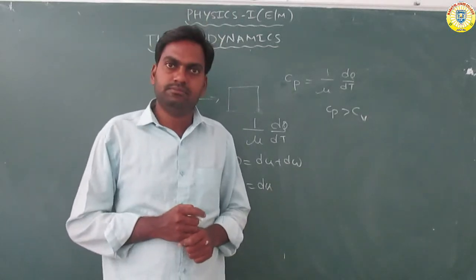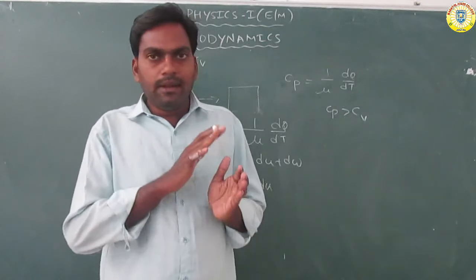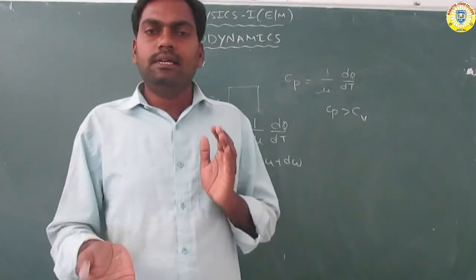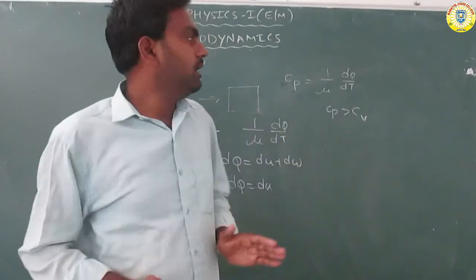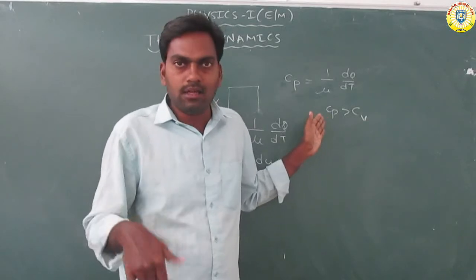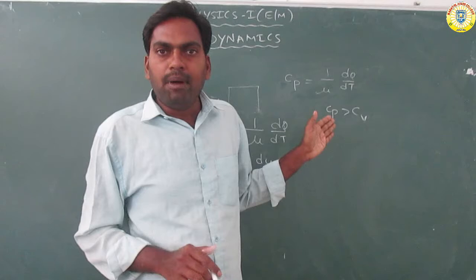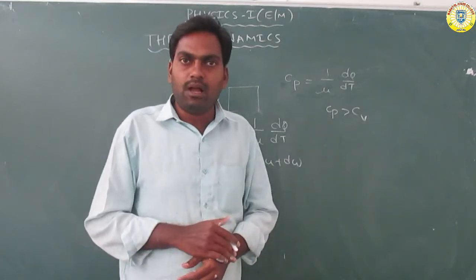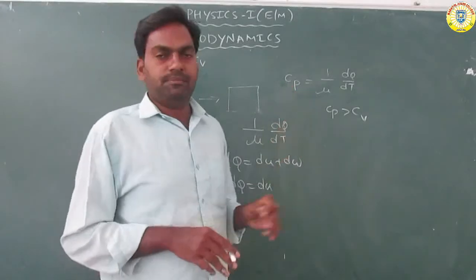So the energy supplied is used in two parts: the temperature increases, meaning internal energy develops, and some work is done by the system against the pressure. That is Cp.